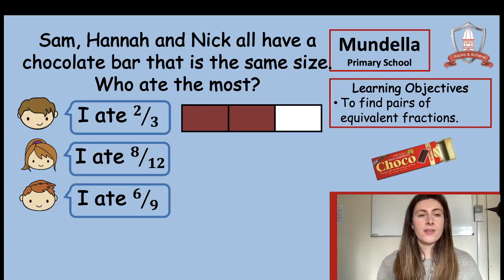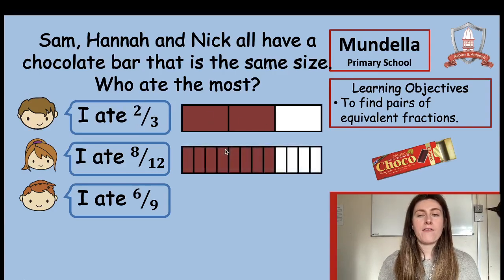So here I've got 2/3. I've drawn my bar and split it into 3 parts because they're thirds, and I've made sure they're equal. And because Sam ate 2 of them, I've shaded in 2. Now Hannah, I've made sure that I've got the same size bar, and then I've got equal parts in the middle.